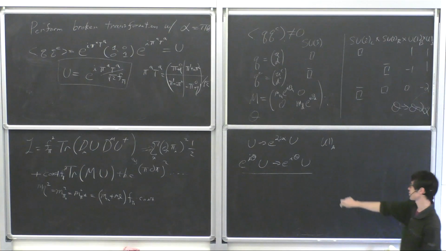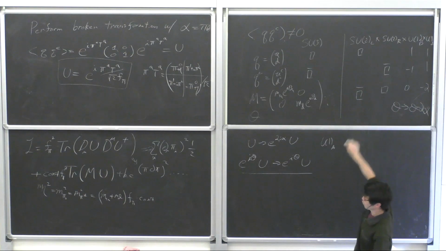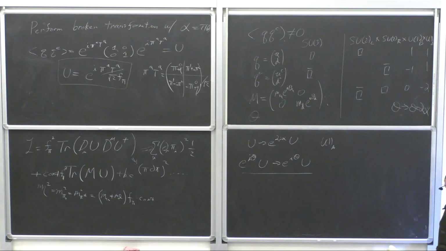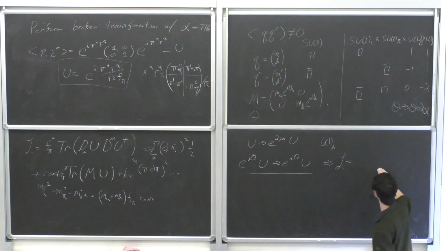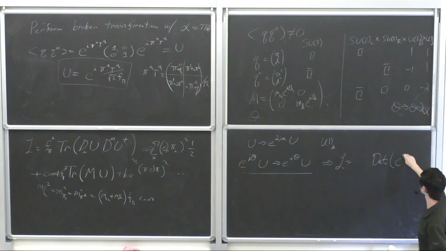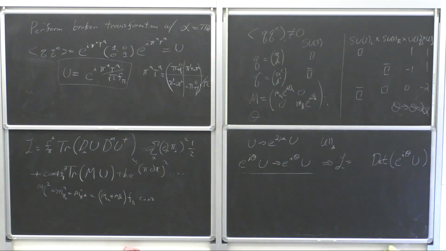Okay, but notice this still transforms under left and right. So we're going to have to get rid of left and right. So it turns out these are special unitary matrices. So their determinants are a nice way to get rid of any transformation property. So we can write down a term, determinant of e to the i theta times U, right?